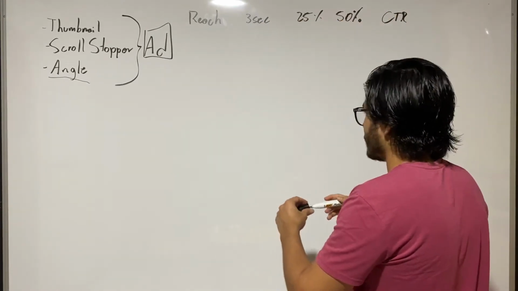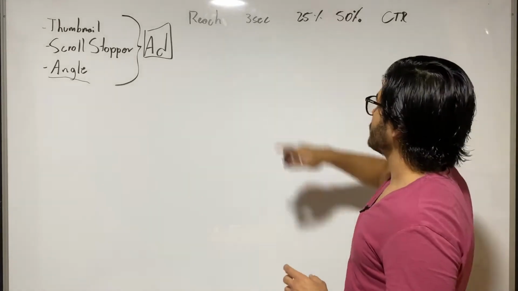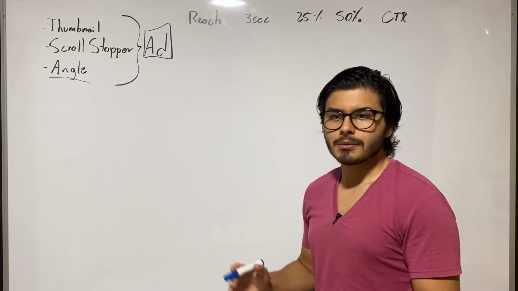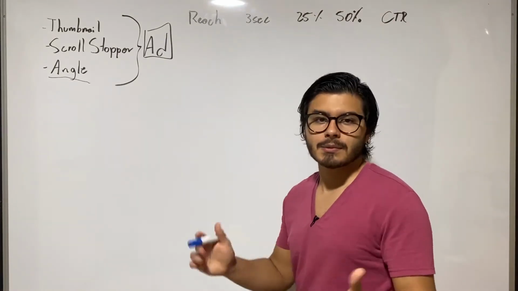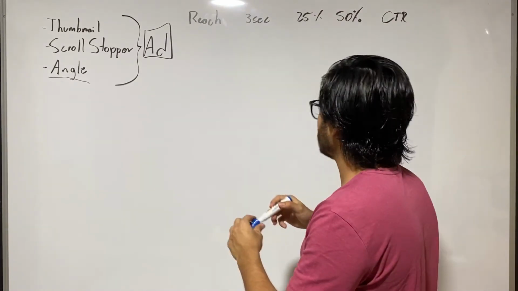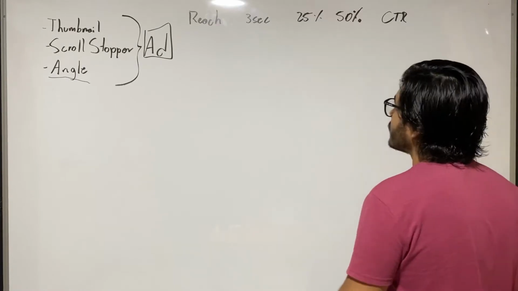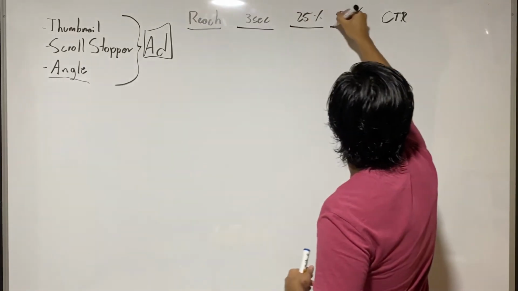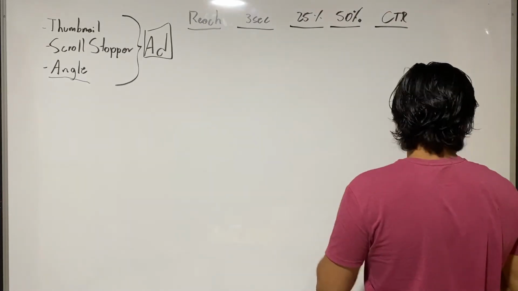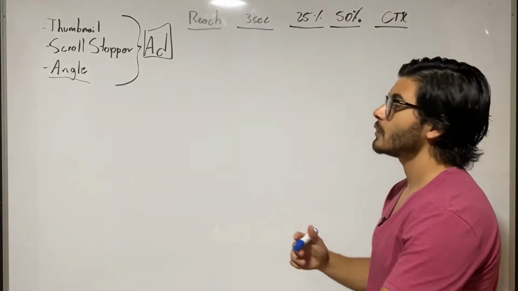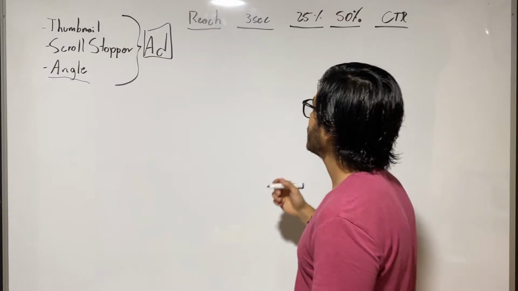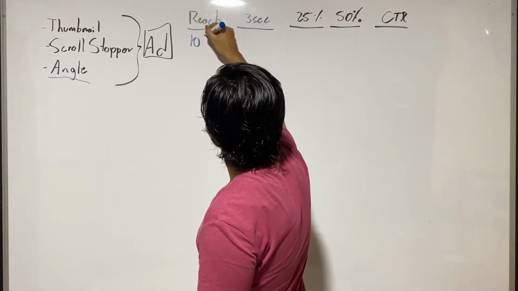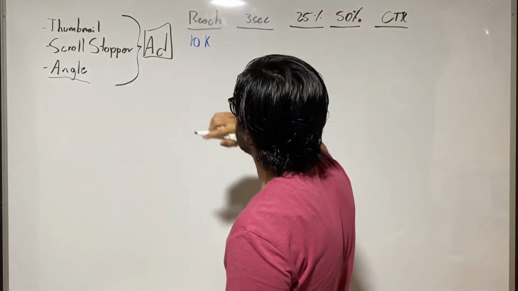Okay, so why these metrics? Because, for example, let's just throw some numbers to understand this example as best as we can. Let's say that the reach of your ad is 10,000 people.